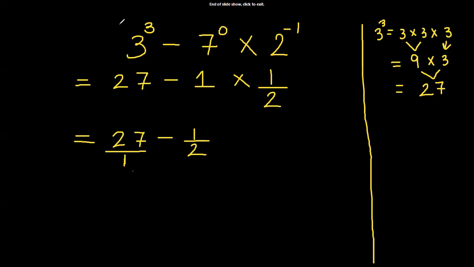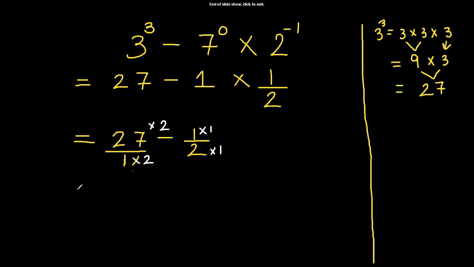And then what are we gonna do at this point? We multiply 27 by 2, and we multiply 1 by 1, very good.